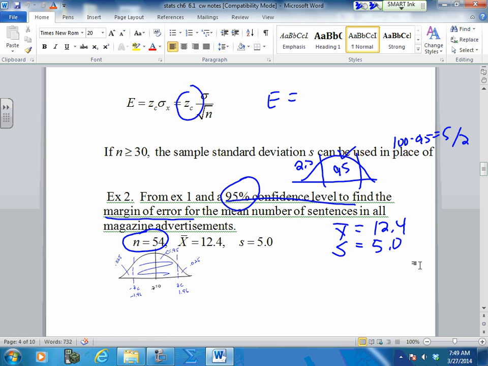Each one of these is 2.5%. So how do I get 2.5 into a decimal? That's a percent. 0.025, same rule, move it 2 places. So I'm going to do inverse norm on 0.025. That's going to get me my ZC.